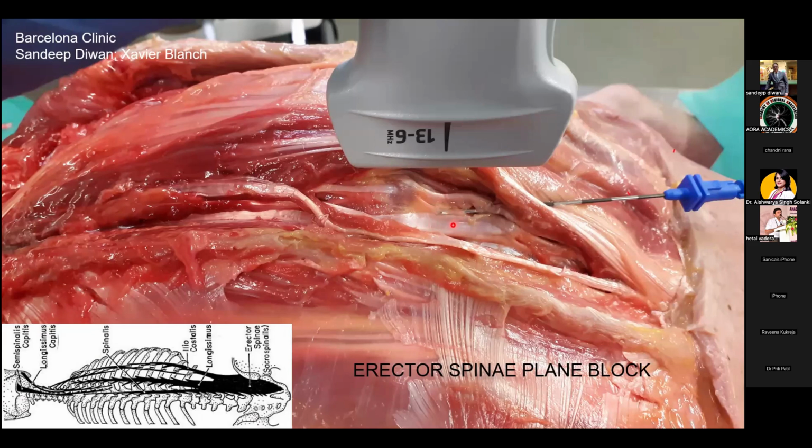Now, this sheath can be above the tendon, or it can be below the tendon as well. If it is above the tendon, it means that you are injecting local inside the erector spinae muscle. If it is below, it means you're injecting it between the erector spinae sheath and the transverse process.